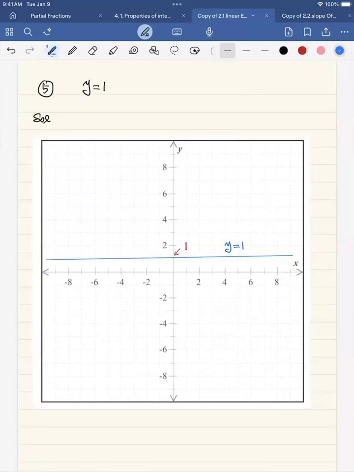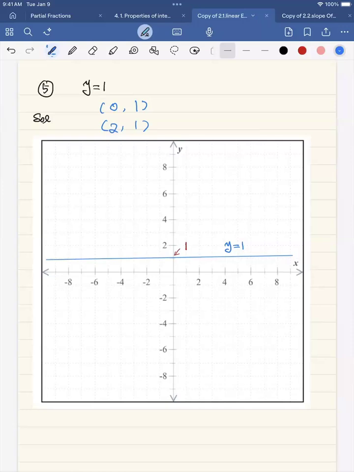In the next example, we have y equals 1. Again, 2 points on the plane will uniquely determine a straight line. Y remains 1. X value can be anything. Let's say again, 0 and 2.